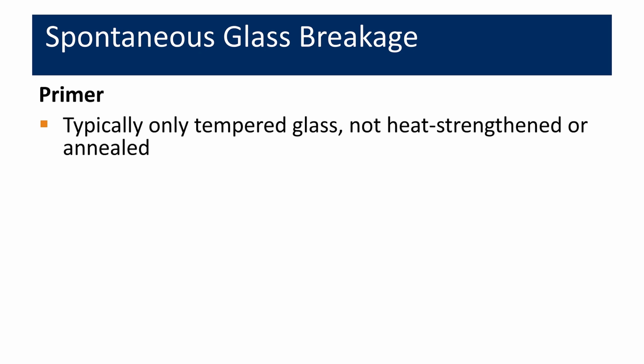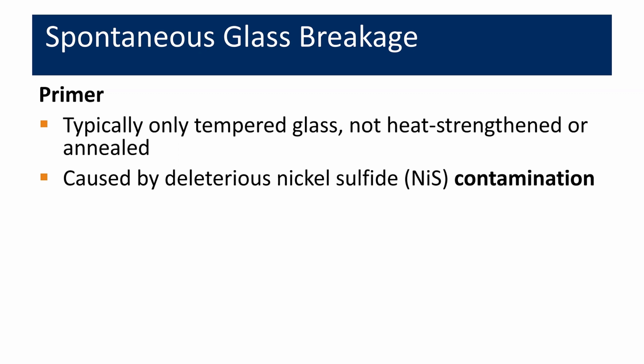It only occurs in tempered glass, typically. Theoretically, it can occur in heat-strengthened glass, though that is very, very uncommon. So it's not a concern for other types of glass. And it is caused by a contamination of nickel sulfide. It's not something that occurs naturally or inherently in any type of glass product or quality of glass.